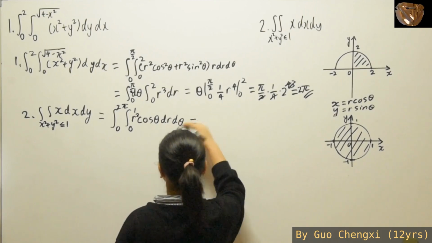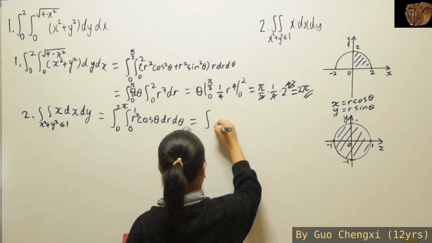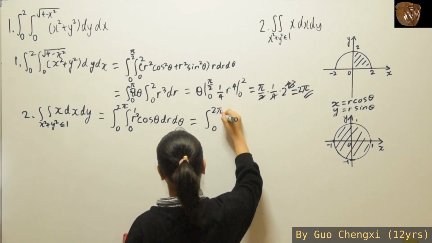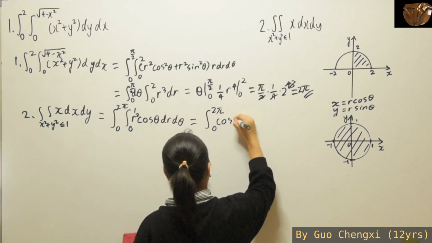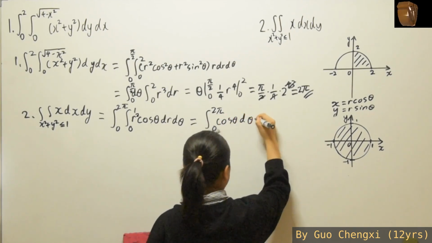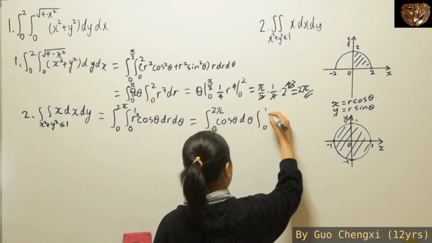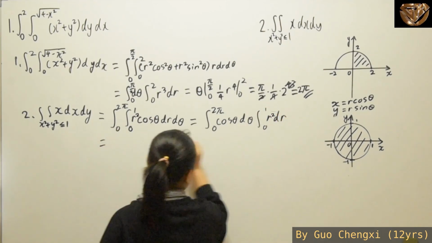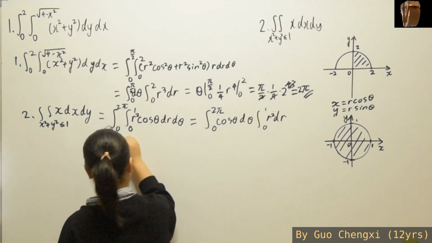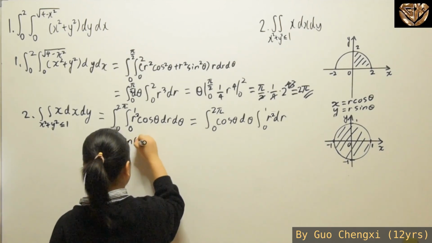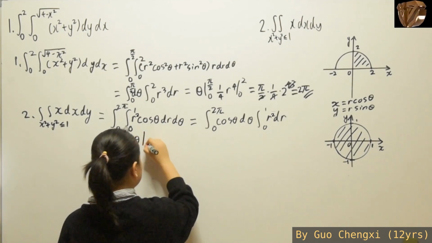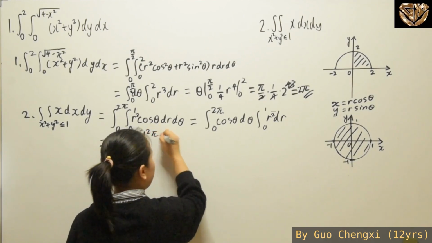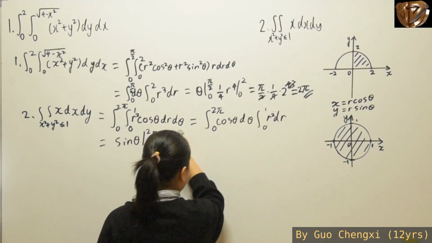And once again, when you separate these two, you realize that we can integrate them separately, somewhat like this. Now we integrate both of them, so the first one will end up with sine theta from 0 to 2 pi.